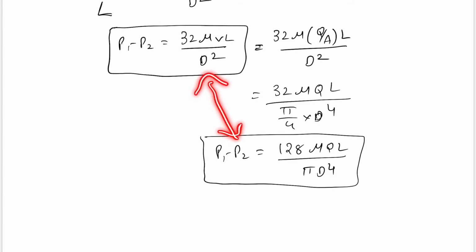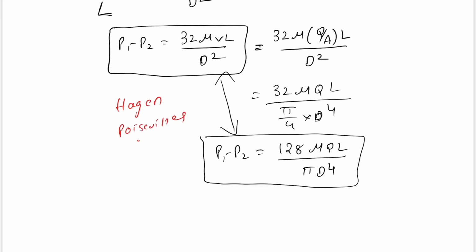See, these both expressions are called the Hagen Poiseuille equation. So at last we have derived this Hagen Poiseuille equation.